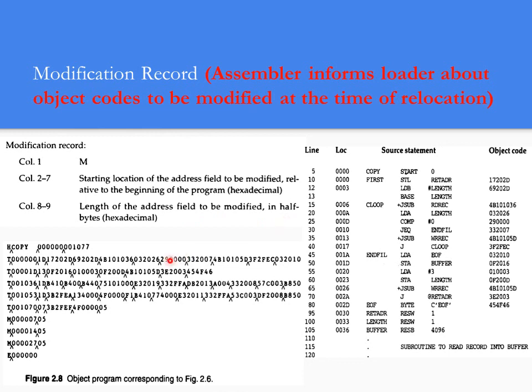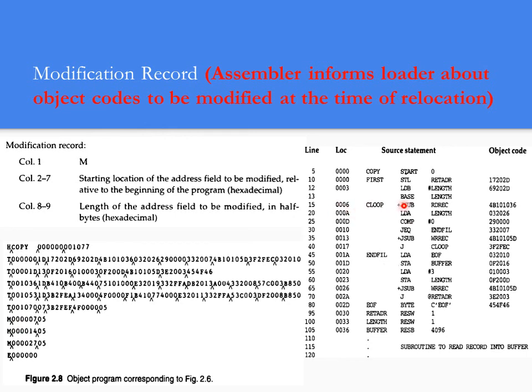Let us try to understand this with an example. Here you can see this instruction has to be modified, suppose you are loading it at some address. All you have to do, wherever a modification record comes, is add the displacement value to the base address at that location.